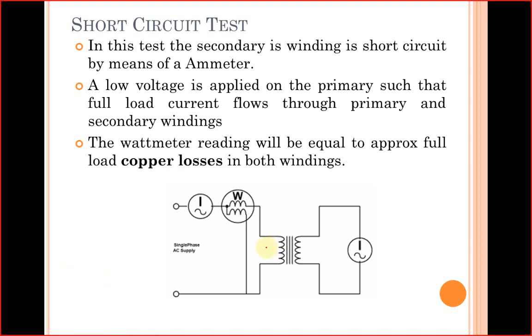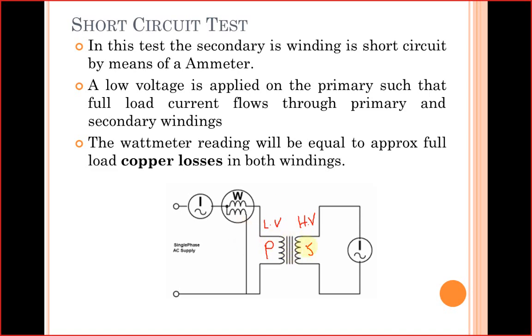So now for the short circuit test, the primary will actually be your low voltage side and the secondary will be the high voltage side. This is due to the fact that the low voltage side has more capacity for carrying current. Therefore, we connect the low voltage side to the primary for the short circuit test.